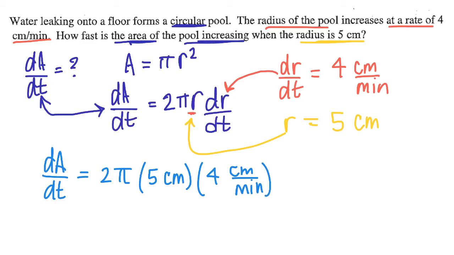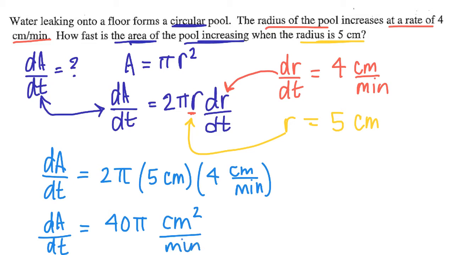And so the rest of this, all we need to do is multiply this out. So dA over dt is going to be 40 pi centimeters squared per minute. And I would check my units to make sure this makes sense, since that is squared units and we're talking about area. That should work.